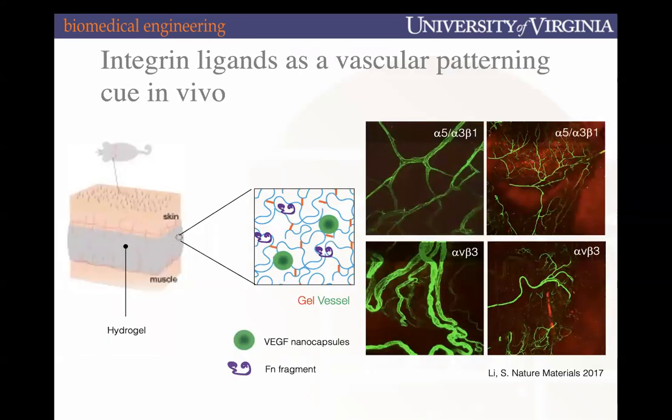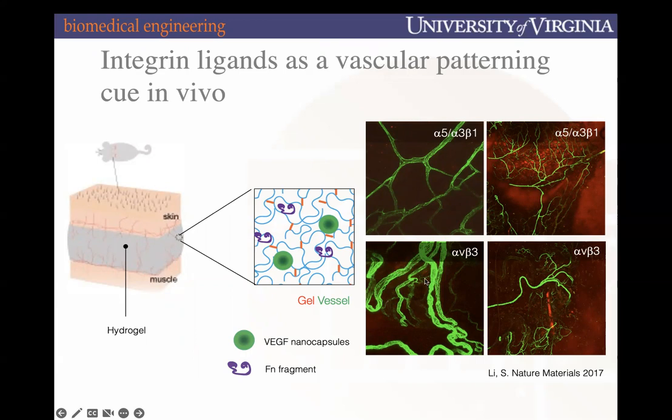Finally, if you take a nanocapsule and put a fragment on it that binds to specific integrins, you can see that specific integrin engagement can change the degree of blood vessel stability. You can see the blood vessels down here, where there's a fibronectin fragment that binds to alpha V beta 3 integrins. These blood vessels totally change.